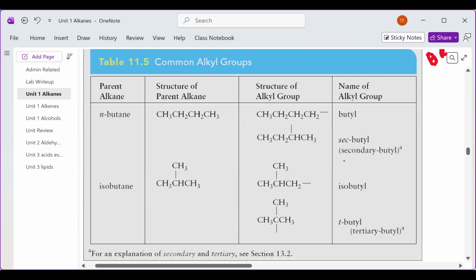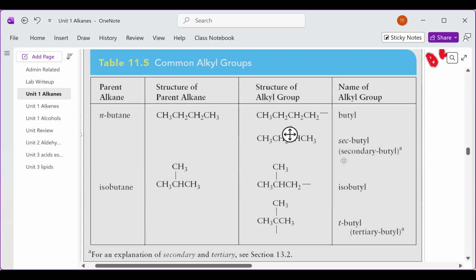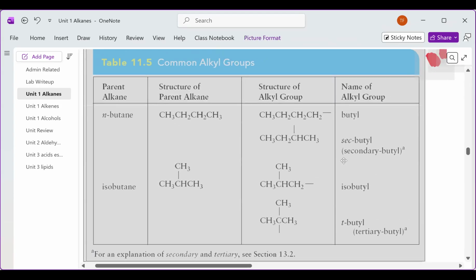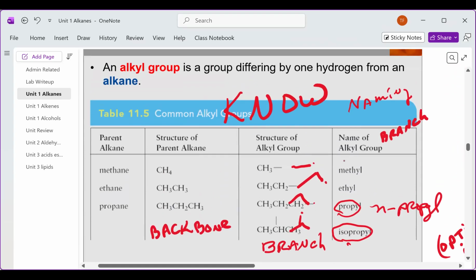These are more complex and it really doesn't fit. We're only going to be using this one up here. So the longest branch can be 3 carbons. The other pages include 4 carbon branches, and we don't cover those very often, so there's no point in learning that. You do need to learn this one, though.